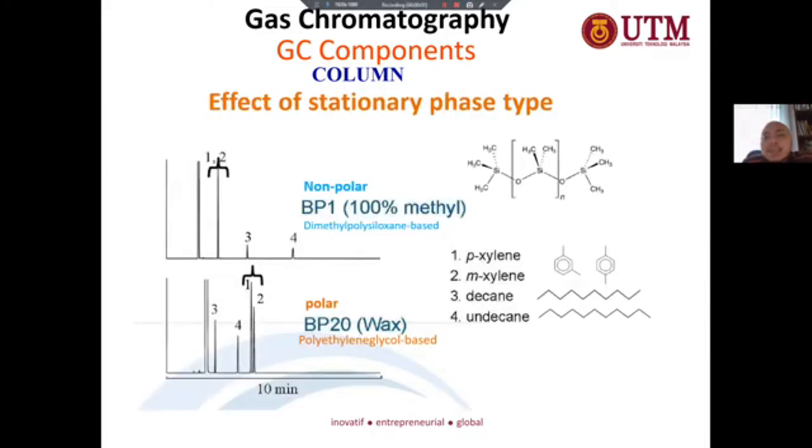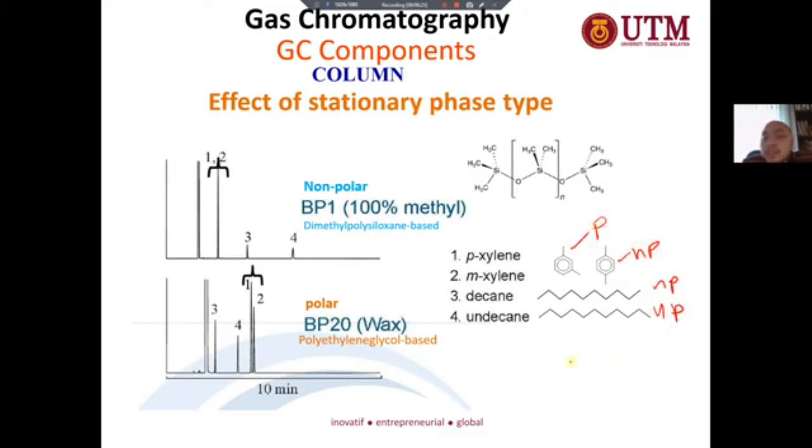Here is the effect of stationary phase. If you look over here, we have 4 kinds of analytes: p-xylene, m-xylene, decane, and undecane. Basically, we have a mix of non-polar and slightly polar analytes. Here is non-polar, here is non-polar, here is non-polar as well, and here is a little bit polar.